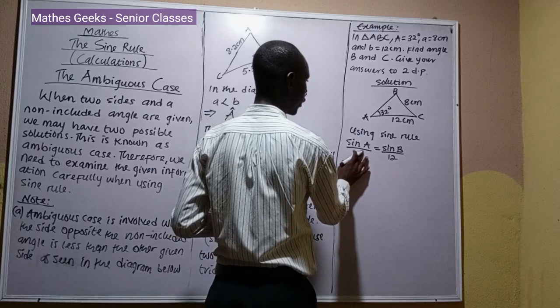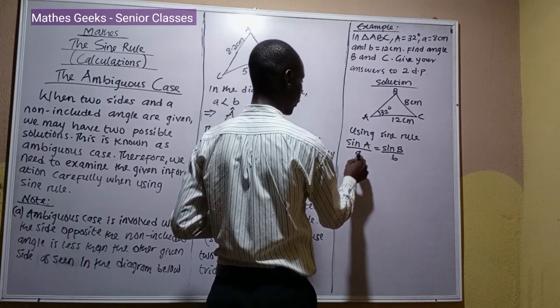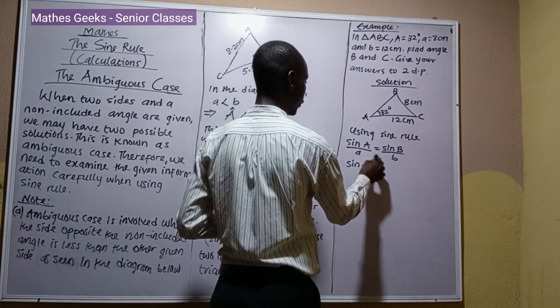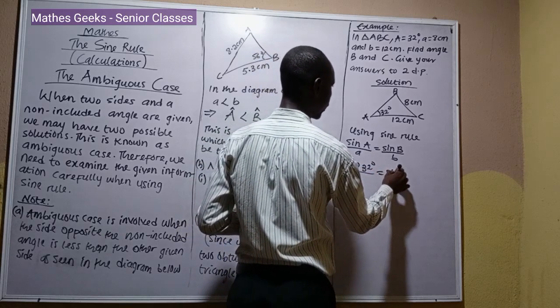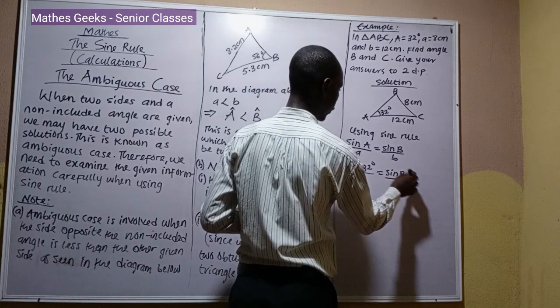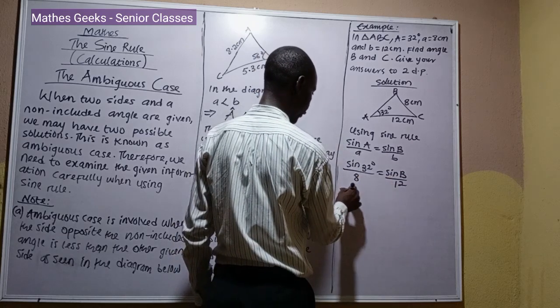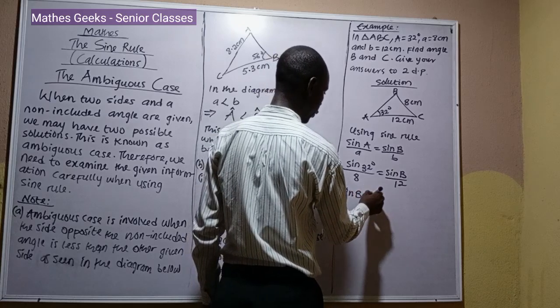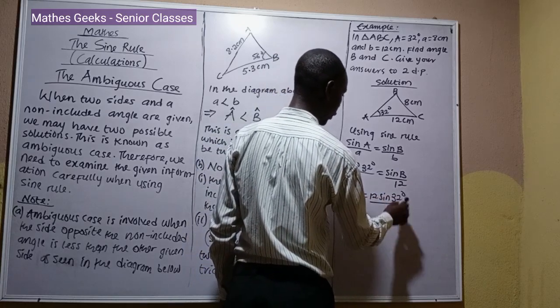So sine B over b is the formula. So sine 32 over 8 is equal to sine B over 12. So sine B is equal to 12 sine 32 degrees over 8.